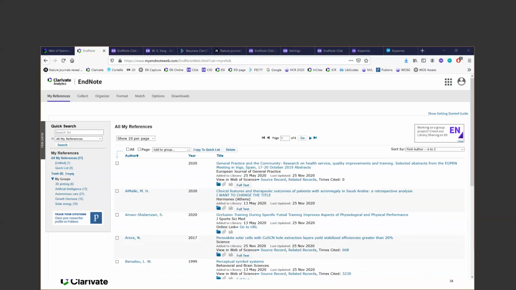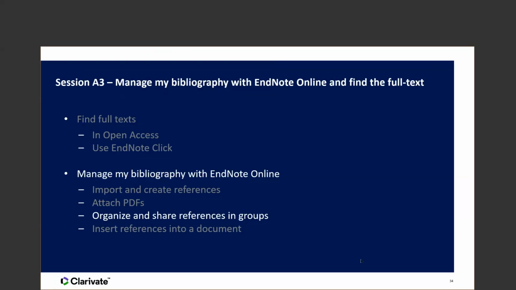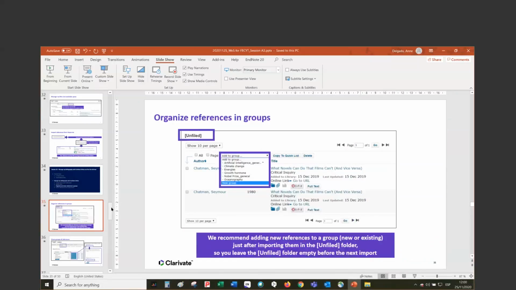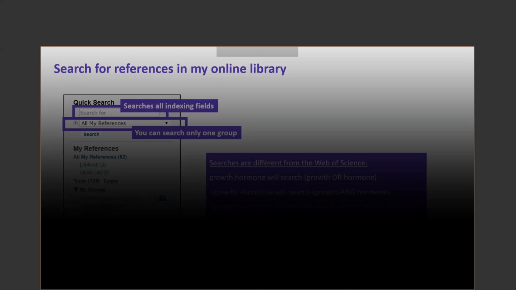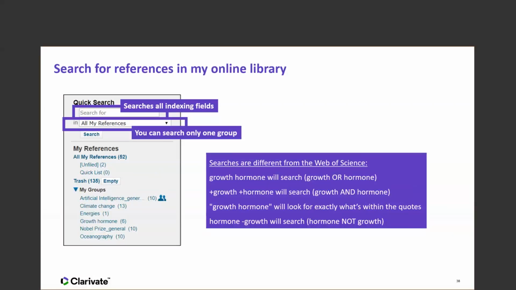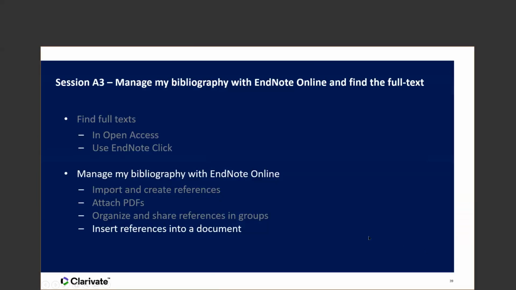And in my presentation, I am leaving here the rules for the search. This is very different from the Web of Science. And I'm looking at the time, so I'm not going to describe this. I'm going to leave it in my presentation because I have to go to the last section before I end the webinar. And that's an important one.